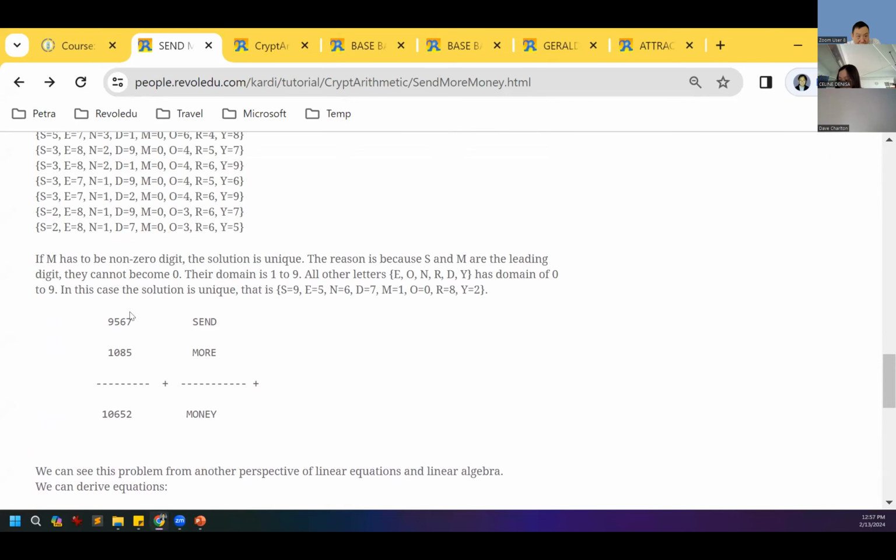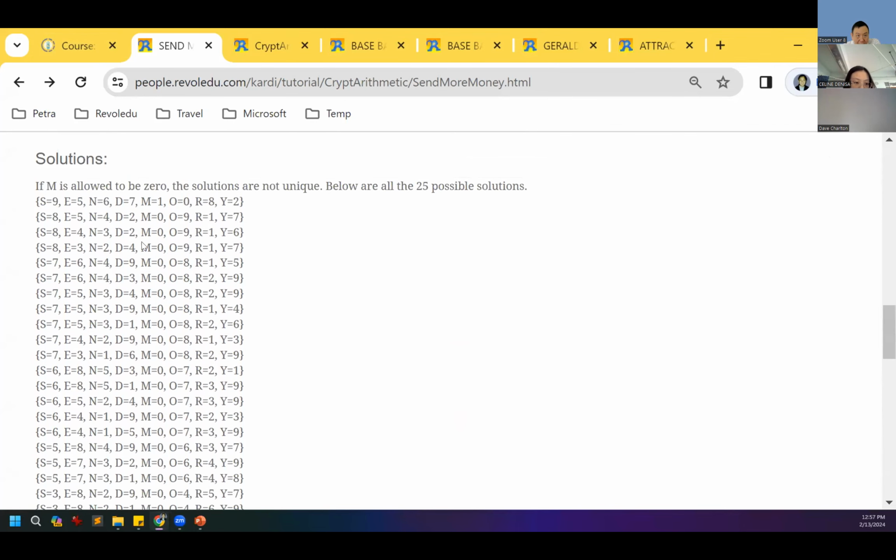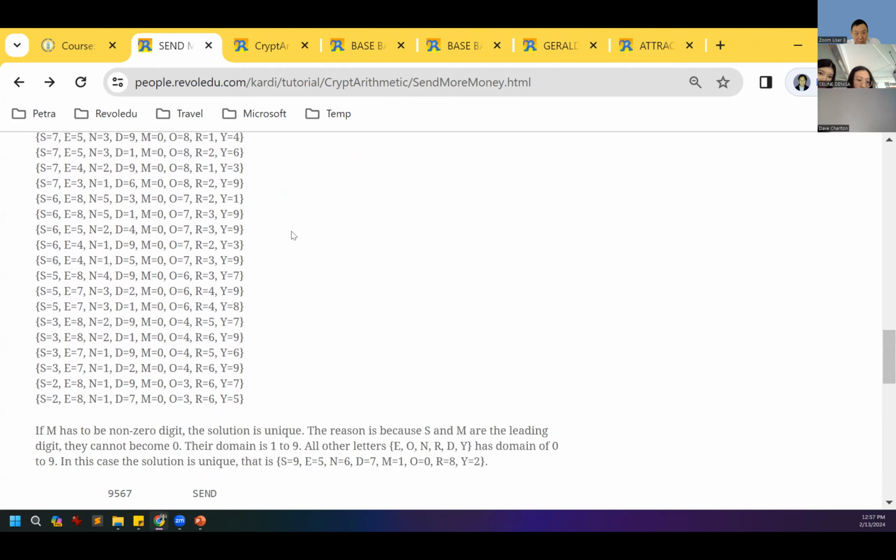So this one, yeah. If you put 1 in here, or if you put M equal to 0, you have actually 25 possible solutions. If M is equal to 1 or M equals 0, there are many solutions. If M is allowed to be 0, the solution is not unique. These are all possible solutions.